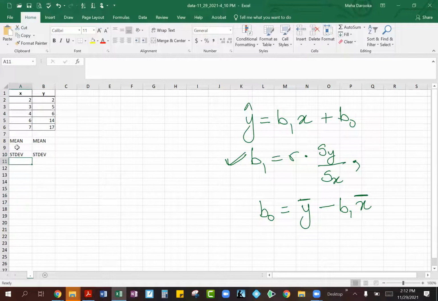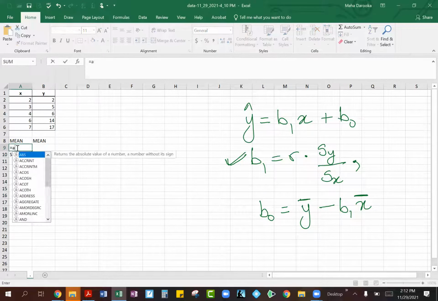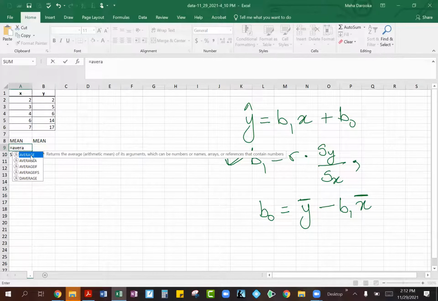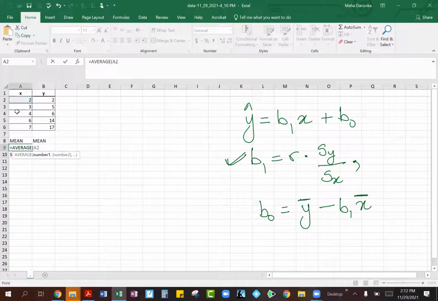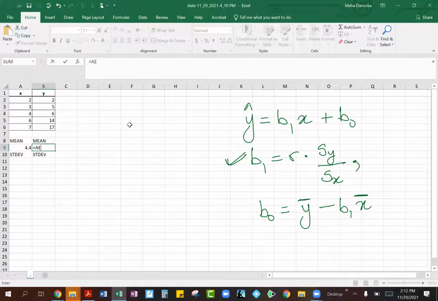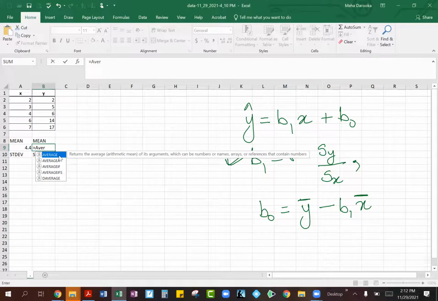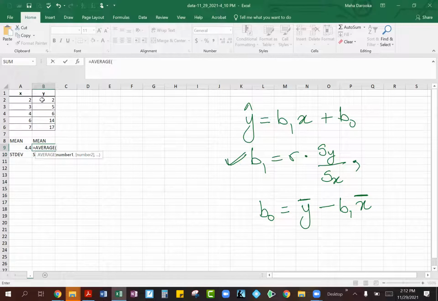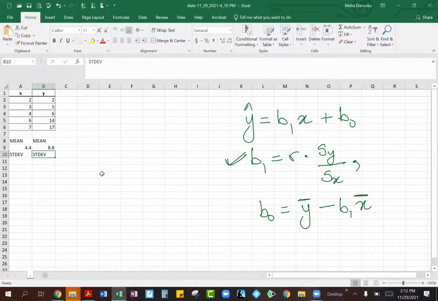So let's start by calculating the mean for the x. So remember, that's the built-in function of average. And then just select all your x values. So that's the average for x. Same repetition here. We're finding the average for the y value. So again, use your average function and the average of those 5 points.